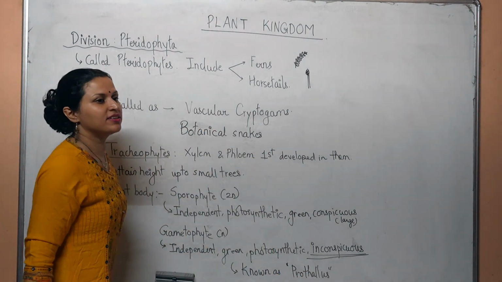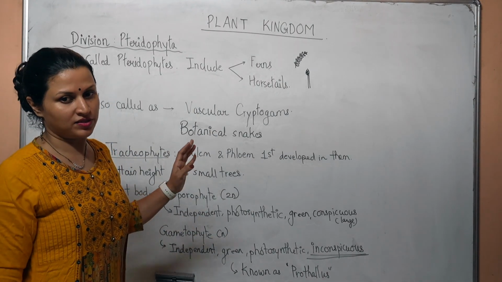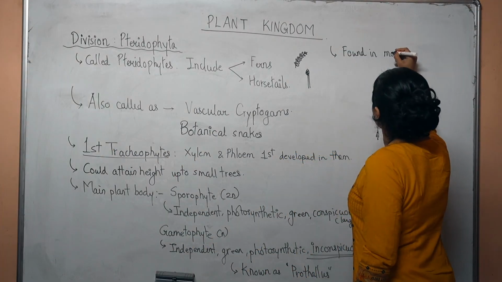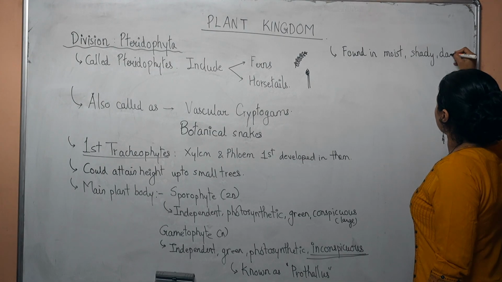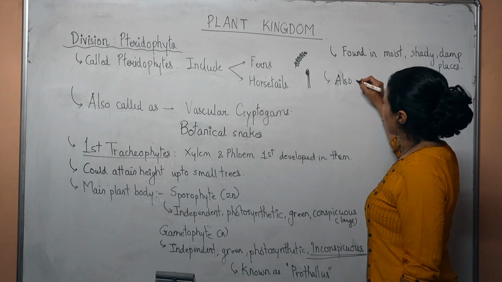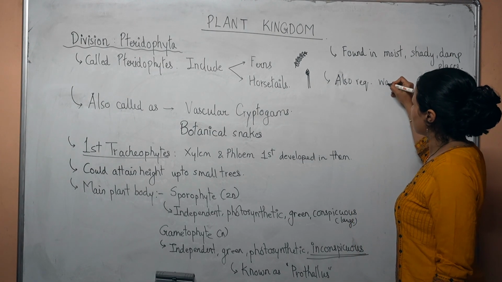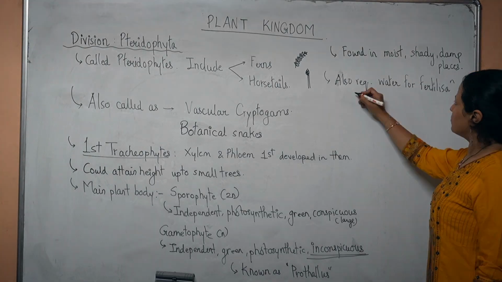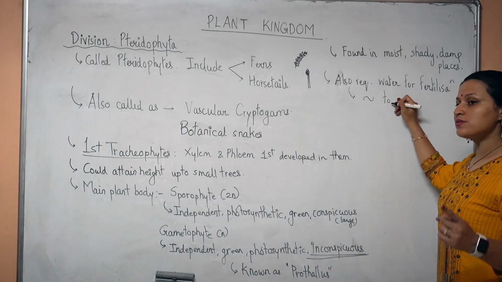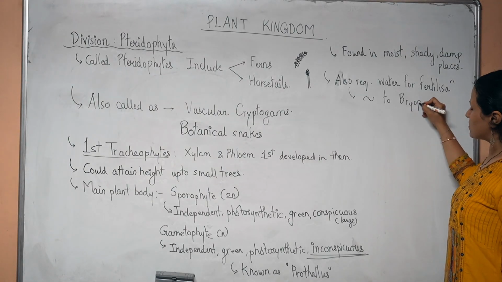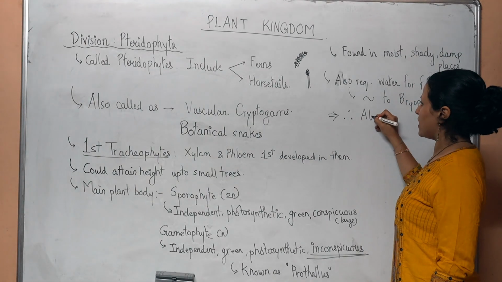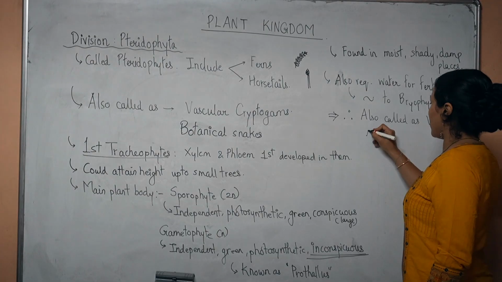We will have a look at it when we are doing the life cycle of ferns. Found in moist, shady, damp places. They also require water for fertilization, which is a trait similar to bryophytes. Therefore, they are also called vascular amphibians.